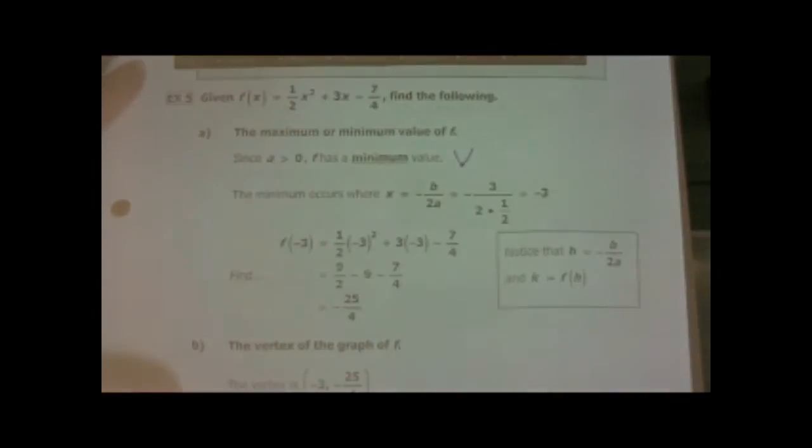And it helps me, because I can always remember if it's concave up or concave down if I draw a little teeny one just like this, and I go, oh, this is going to have a minimum value, a lowest value. All right? So I've already determined it's going to have a minimum value.